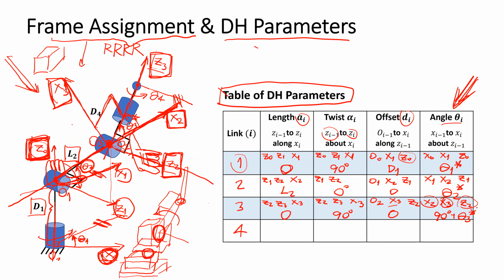We can drive theta 3 by motor, but by the frame attachment, don't forget to add 90 degrees in order to get the joint angle, because we have the 90 degree difference between the direction of X3 and C3. And we have theta 3 that drives the angle between X2 and X3.